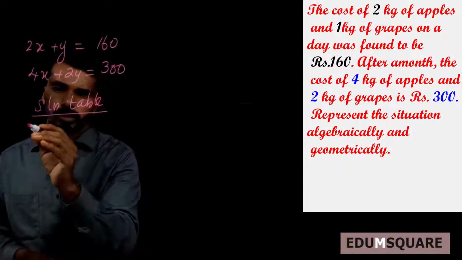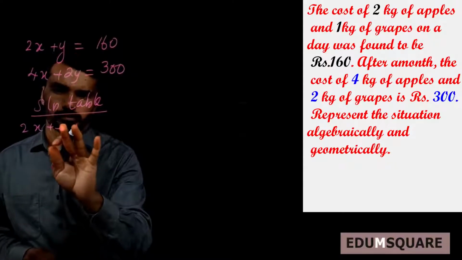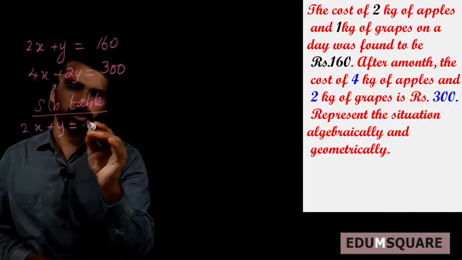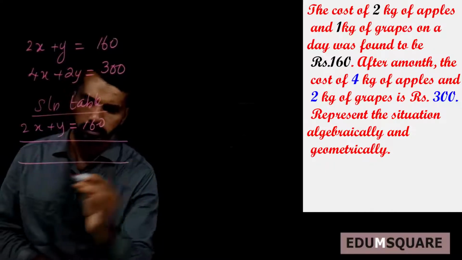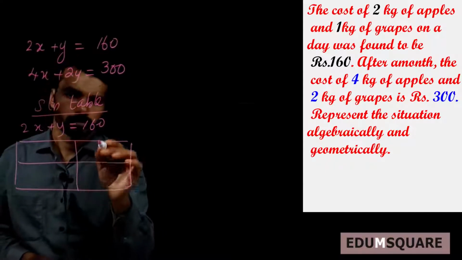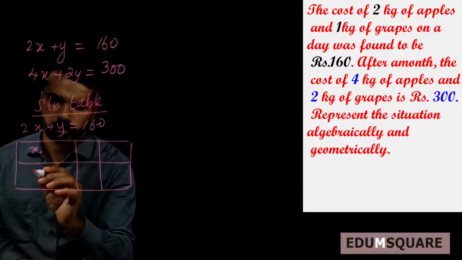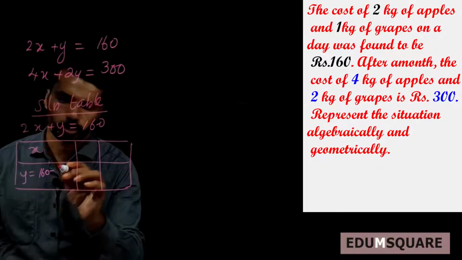Here the first equation is 2x plus y is equal to 160. Here x, then what is y? y is equal to 160 minus 2x.